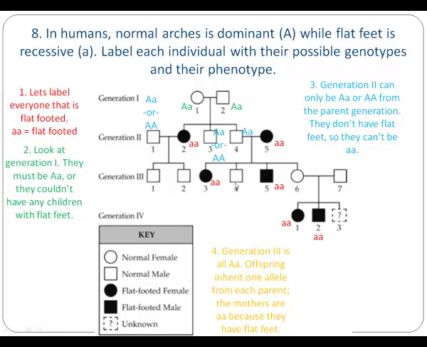Because they're not flat-footed, I know the other one has to be big A. Now, this person over here, generation 3, individual 7, they're going to be big A, little a. I know that because they're not shaded in, so they're not little a. And they have children who are flat-footed, so they can't be big A.